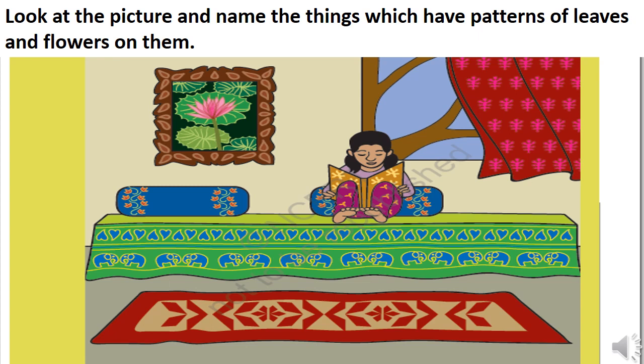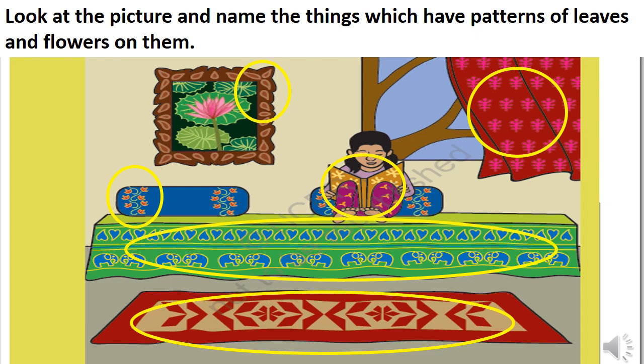Now look at this picture and name the things which have patterns of leaves and flowers on them. I am giving you 1 minute to do so. Let us name all the things together.